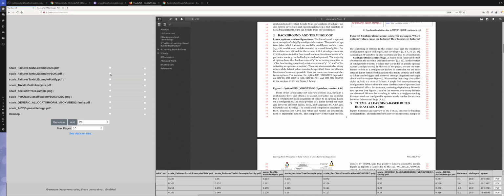Here we go. 10 pages. Is it good? Is it bad? Well, the figures are quite readable here. Here again, but maybe this decision tree is really hard to get, so we will improve and increase the size.